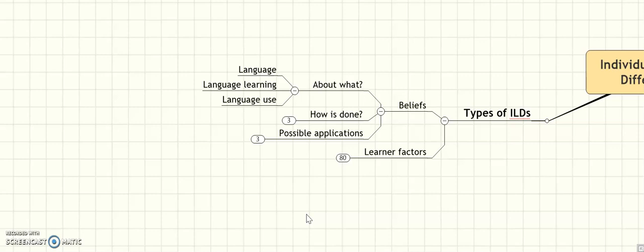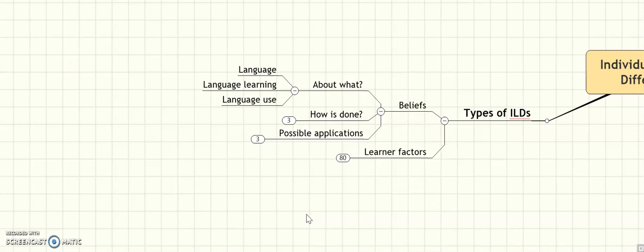Some students may believe that language is basically grammar. So when they study language, they study the grammar. That language is rule governed, so the rule is very important. They focus on the rules and hope that by mastering the rules, they master the language. So it can be meaning-making resources. It can be rule governed.